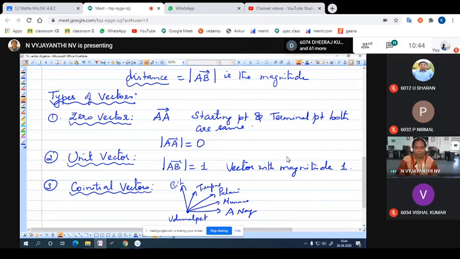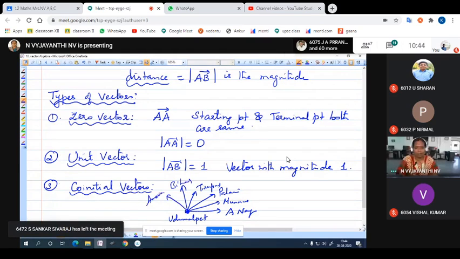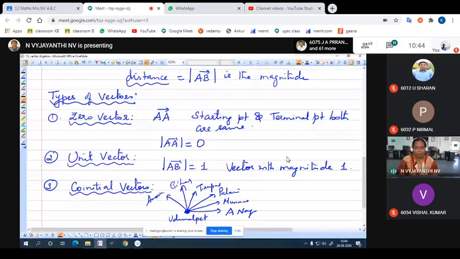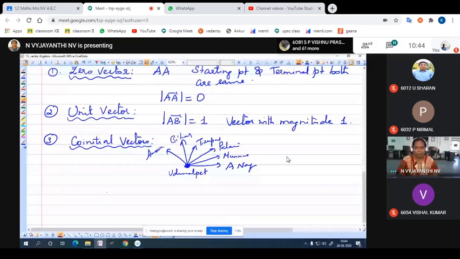So this place where we start from is the common initial point. The vectors which have the same starting point are called co-initial vectors.